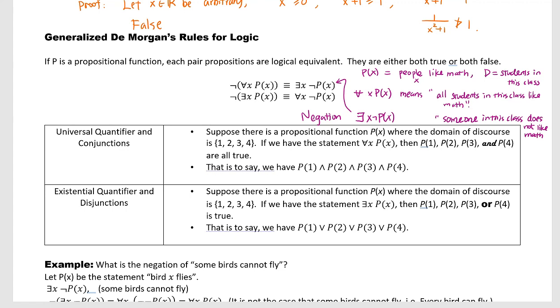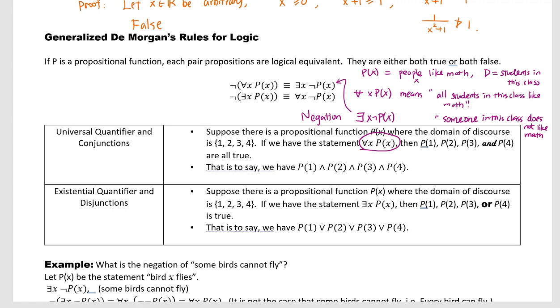Because we require all of them to be true, we have the conjunction: P of 1 and P of 2 and P of 3 and P of 4. So this is the relation between universal quantifiers and the logic operator, the conjunction.